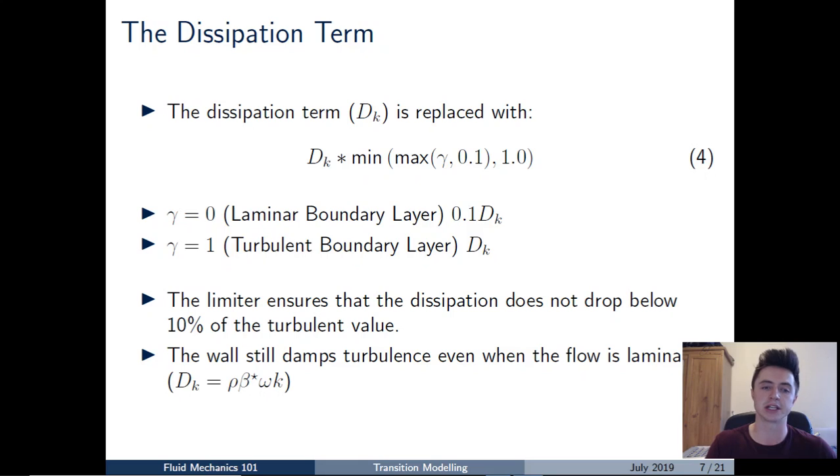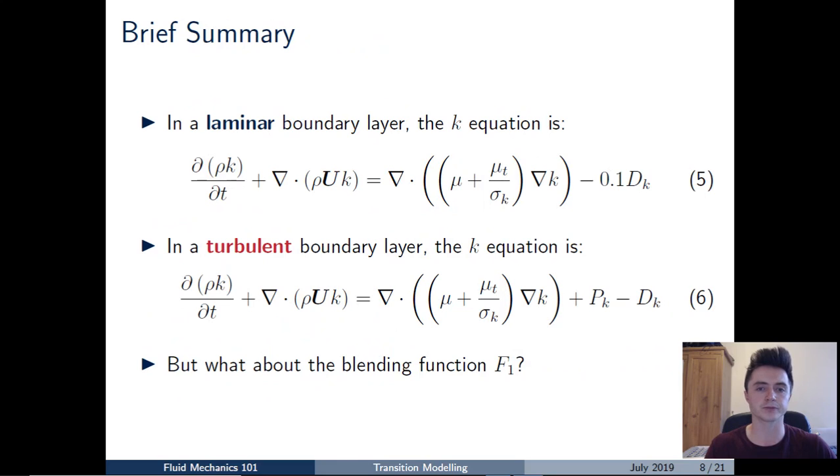And the reason for putting this limiter in is that we expect that even when the boundary layer is laminar and there's no production of turbulent kinetic energy, if there's any turbulent kinetic energy in the flow and the free stream, that will still be damped and dissipated by the wall. And that's why we need to have the limiter in there so that we ensure that the turbulence is still dissipated by the wall.